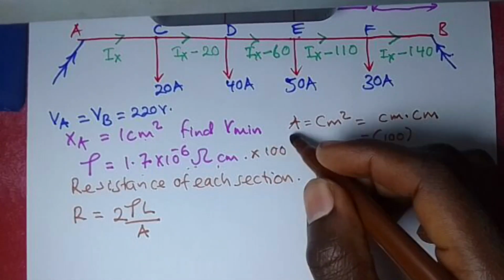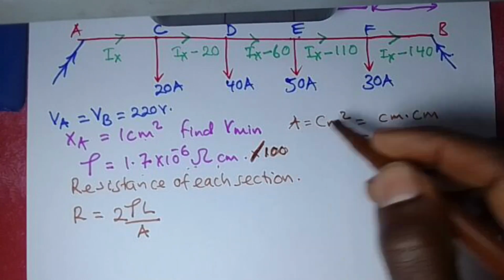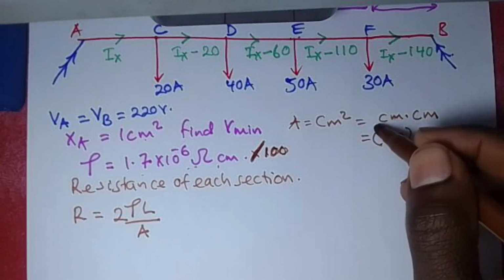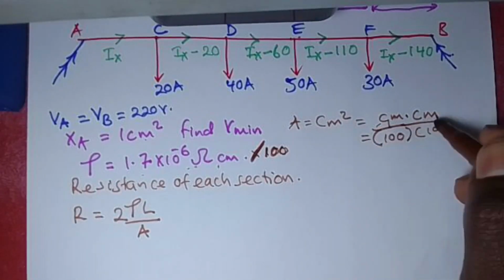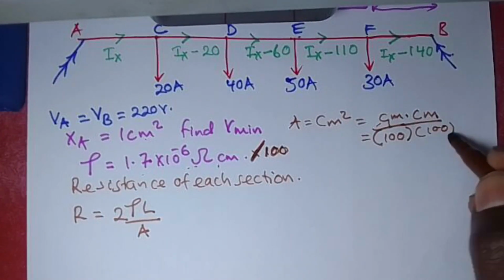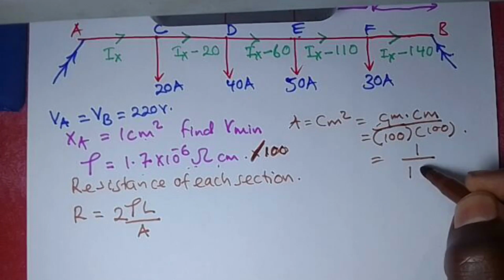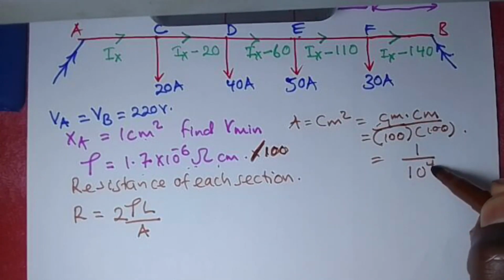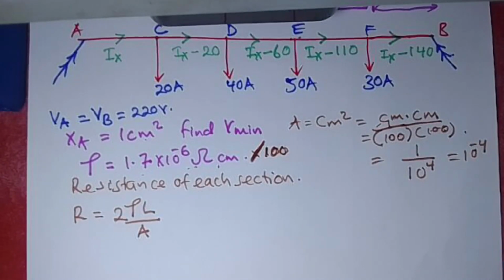We divide by 100. So similarly, this one we shall need to divide by 100 times 100. That is the same as 1 out of 10 to the power of 100 times 100, that's 1, 2, 3, 4. So that gives us 10 to the power negative 4.